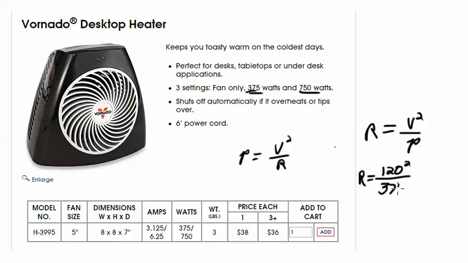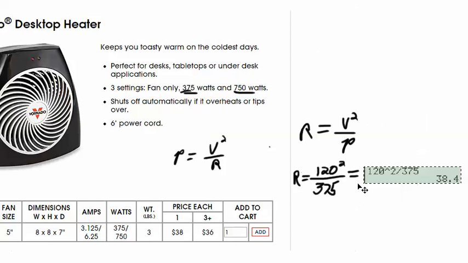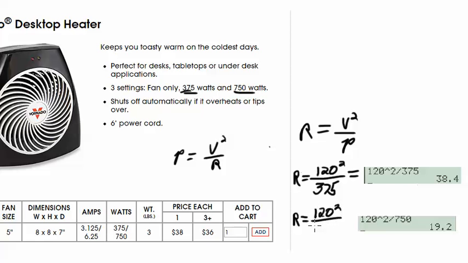So for 375, we'll have a resistance of 38.4 ohms. On the other hand, if we want a 750 watt power supply, we will take 120 squared divided by 750 and find that the resistance is 19.2 ohms.